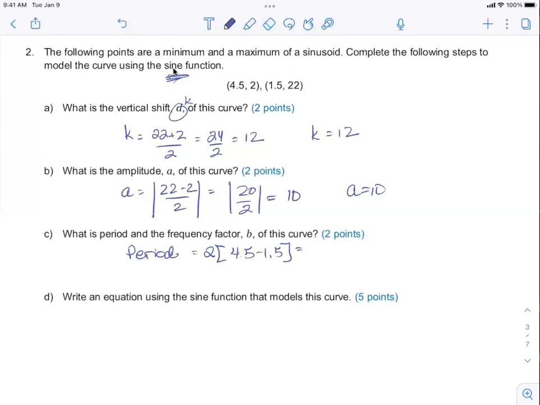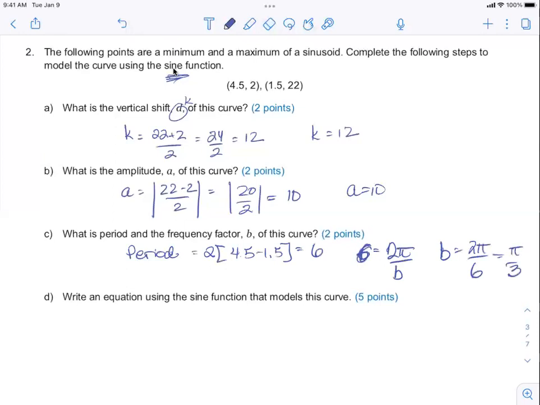This is 2 times 3, which is 6. 6 is equal to 2 pi over b. These look the same, don't they? So b equals 2 pi over 6, which is equal to pi over 3.